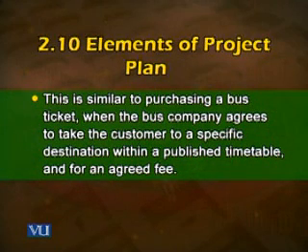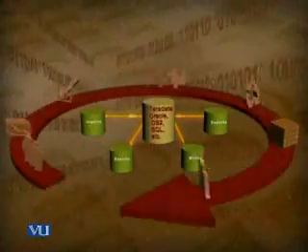When the bus company agrees to take the customer to a specific destination within a published timetable and for an agreed fee, you get a ticket, then it is the responsibility of the service provider to take you to that destination within that specified time. You don't need to pay extra. So the further detail we'll discuss when we talk about the organizations, another important aspect of software project management.